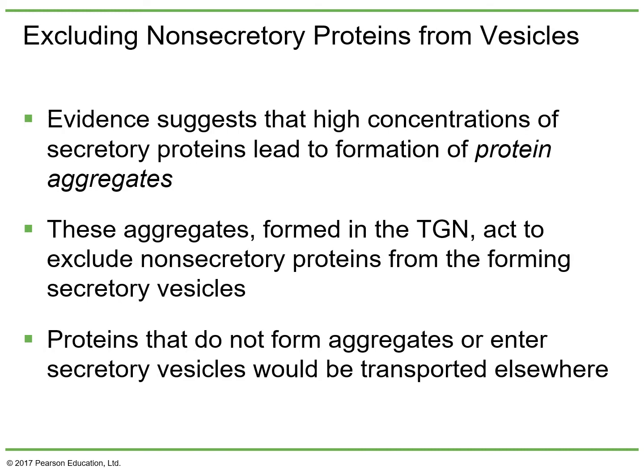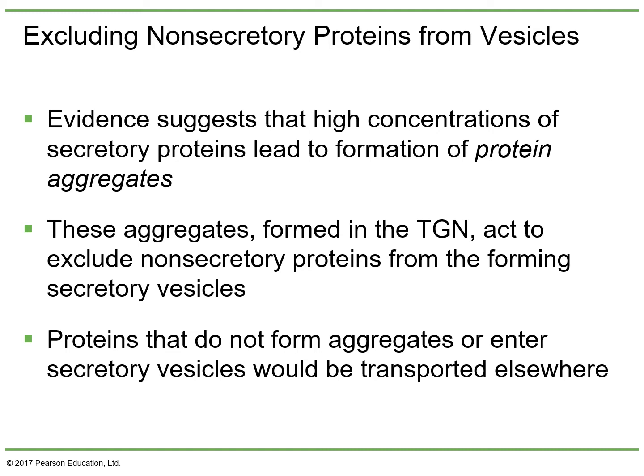Current evidence suggests that high concentrations of secretory proteins in secretory granules promote the formation of large protein aggregates that exclude non-secretory proteins. This could occur in the TGN, where only aggregates would be packaged in vesicles destined for secretory granules, or it could occur in the secretory granule itself.